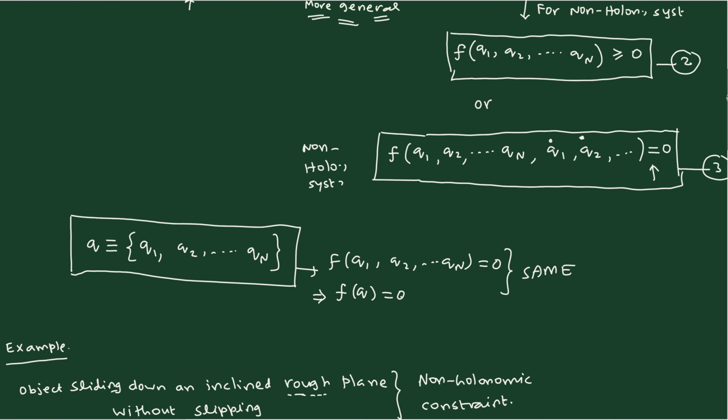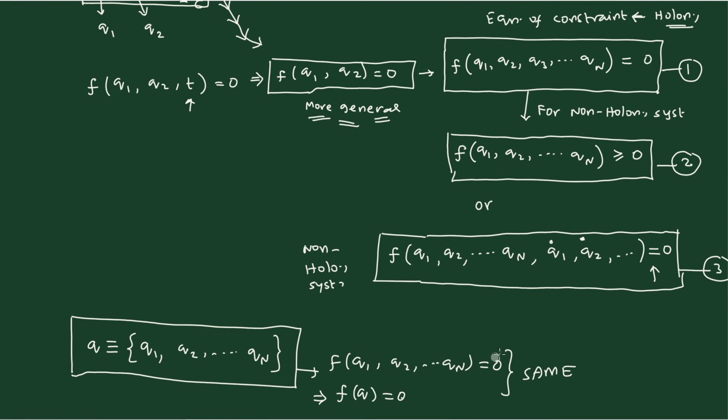Let me go back here. You see this one, q1 dot, q2 dot? These are speeds or velocities. That is what you have to note down. If the equation of the constraint, f meaning a functional relation, contains the velocities, then the system is classified as non-holonomic. So that is the reason.